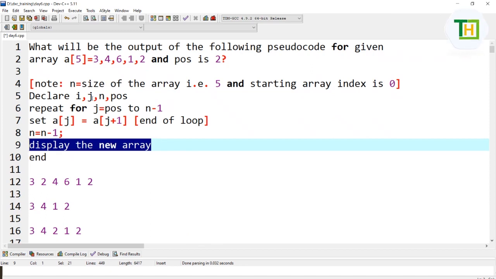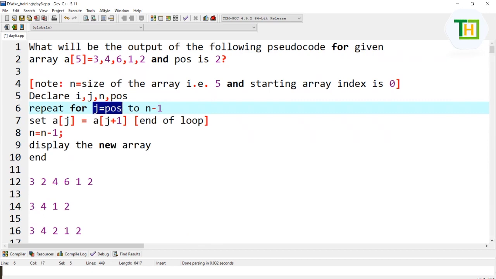Okay, declare I, J, N, POS. The POS is 2, for J is position 2 to N minus 1. That means this is going to work from position 2 to N minus 1. N is 5, so N minus 1 is 4, with indices 0, 1, 2, 3, 4.